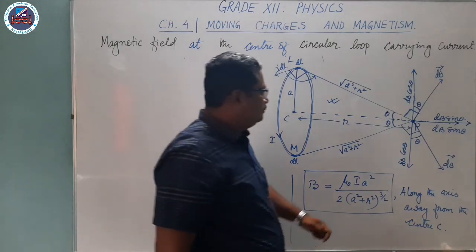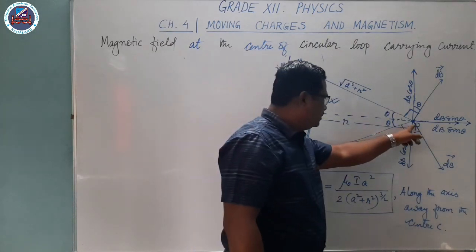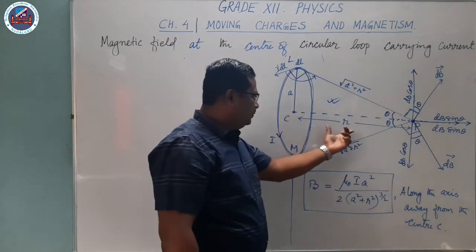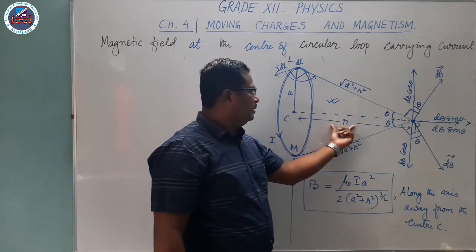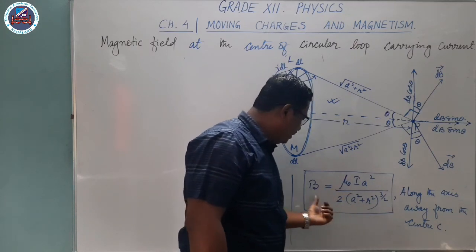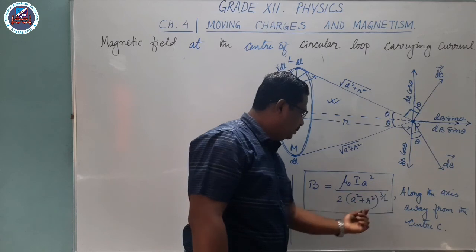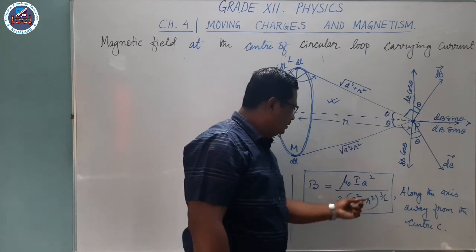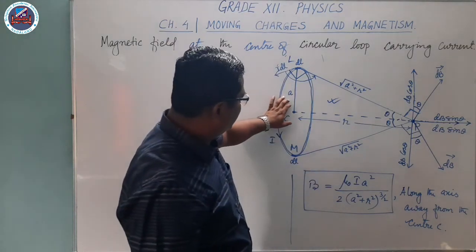Now if the point P is brought at the center, this value of R will be 0. The value of R will be 0. So if value of R is equal to 0, from here you can find out this A square to the power 3 by 2 will become A cube. Then A square and A will cancel.